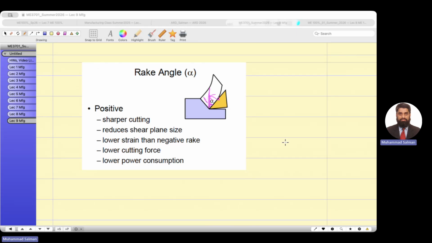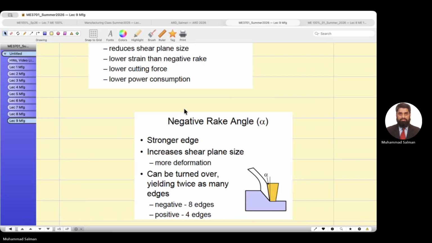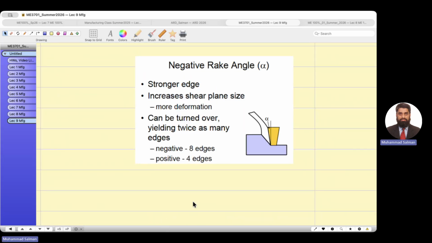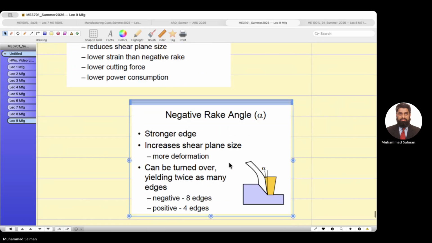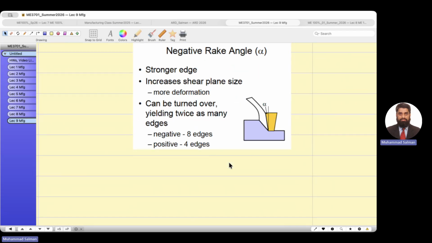And a negative rake angle is when the cutting edge is on the other side of the vertical axis. It increases the shear plane size, and can be turned over, yielding twice as many edges.